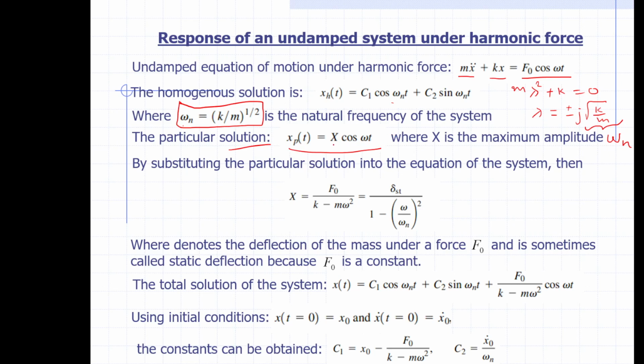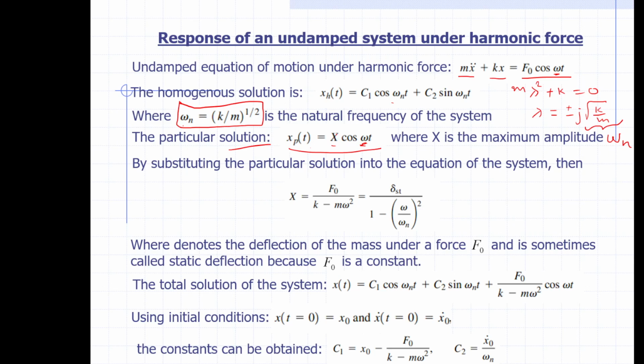But you are not certain what the amplitude would be. So let's assume the particular solution is a variable amplitude h times cosine omega t. Omega here is the same as omega of the external force.